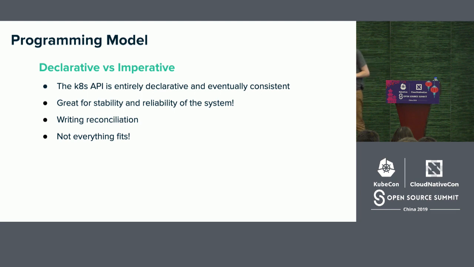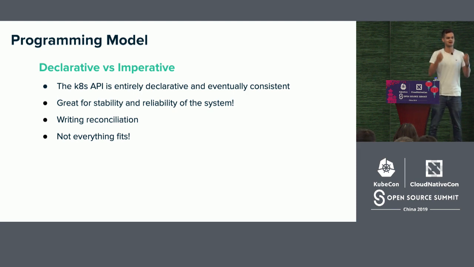So if we want to take advantage of all of the benefits of Kubernetes being declarative and eventually consistent for the needs of our own service, then we need to put in some work to actually achieve that. One of the things that we need to do is, we can't just take our microservice and turn it into a controller very easily.